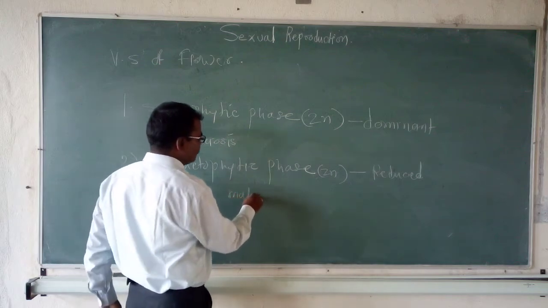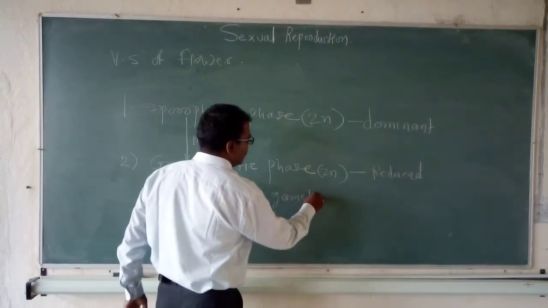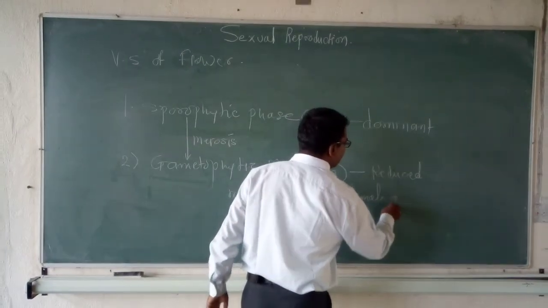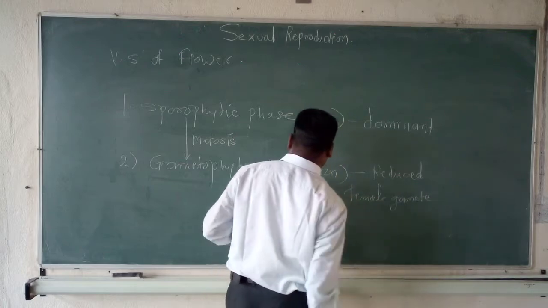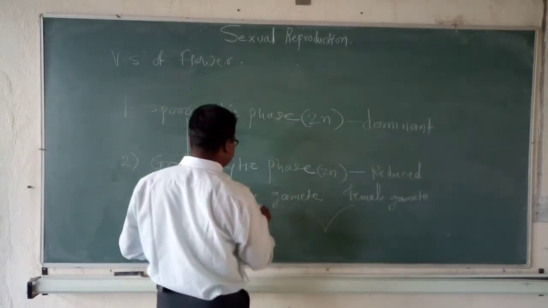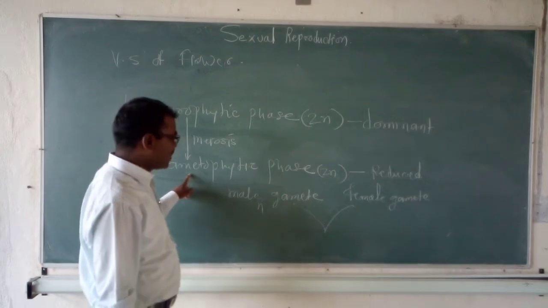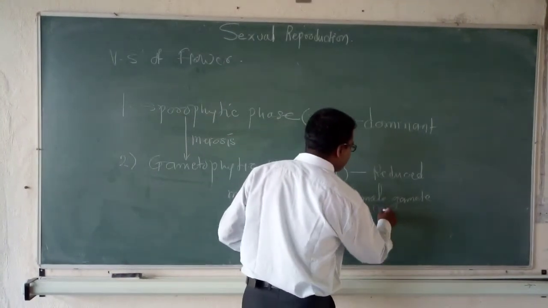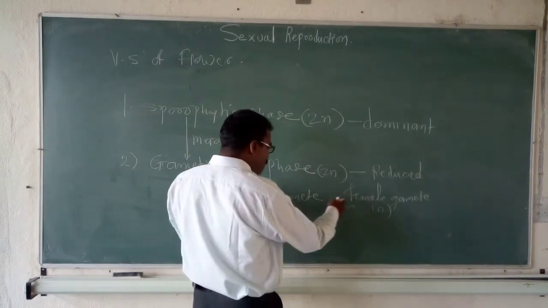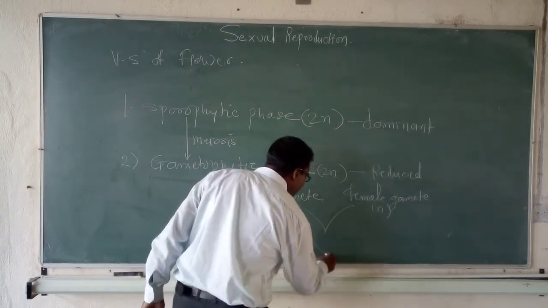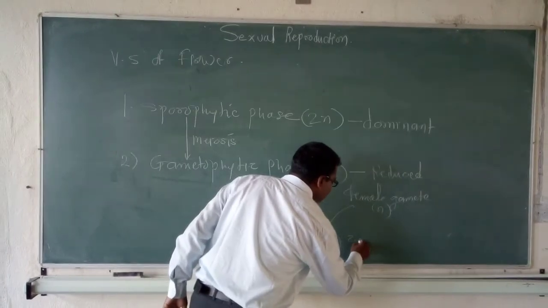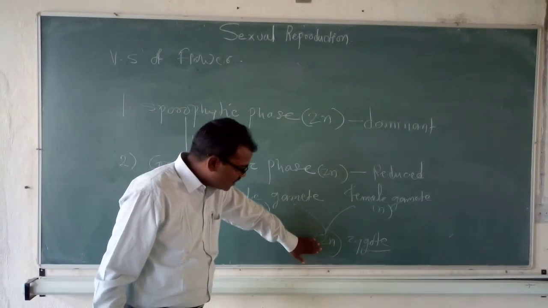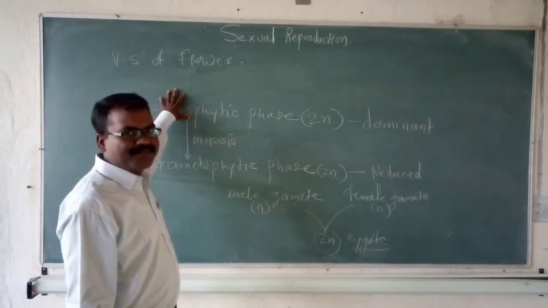The male gamete formed during the gametophytic phase is haploid, and the female gamete is also haploid. Two haploid gametes come together to form the diploid zygote, the initial stage of the sporophytic phase.